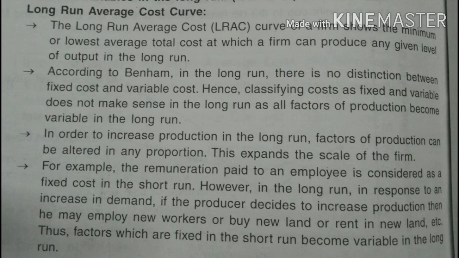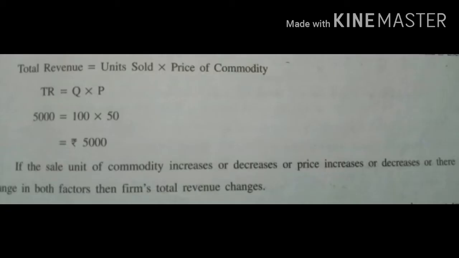For example, the remuneration paid to an employee is considered as a fixed cost in the short run. However, in the long run, in response to an increase in demand, the producer decides to increase production, and for that he appoints new workers or buys new land or rents new land, etc. So the factors which were fixed in the short run become variable in the long run.